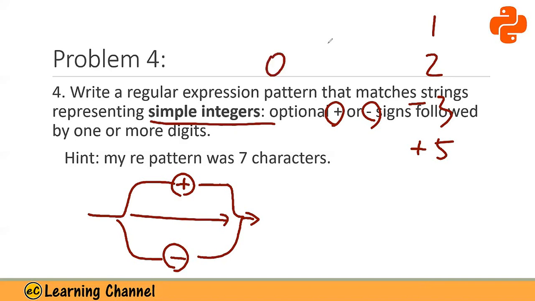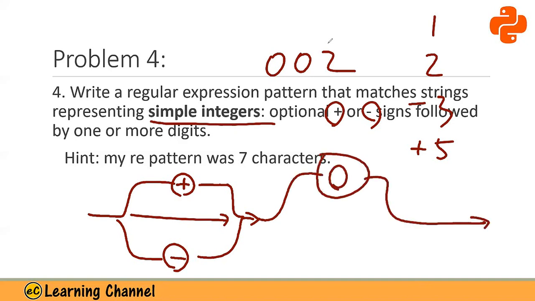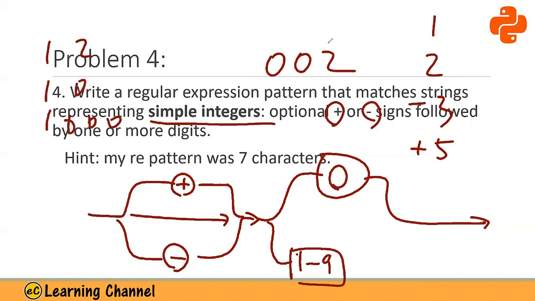But you cannot have 002. That's not an integer. Basically, if you are at 0, you will only have a 0 and get out. If you are not at 0, you should have a leading 1 to 9. You can have 12, 10, 1000. That's okay, but you cannot do 01. So the leading digit must be 1 to 9, except for a single 0. Is that okay?